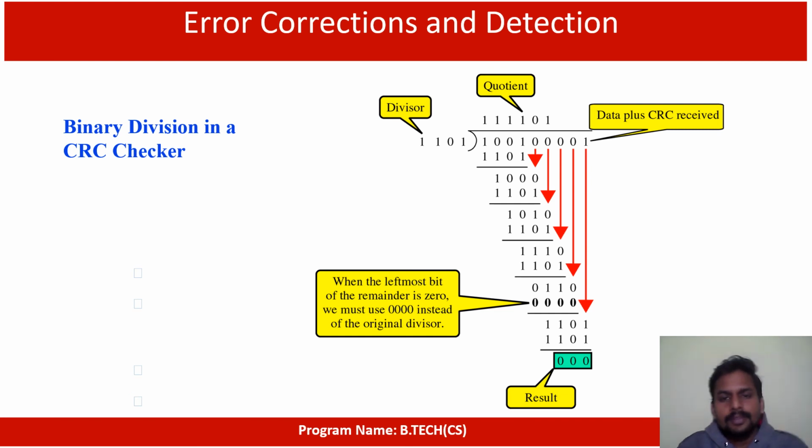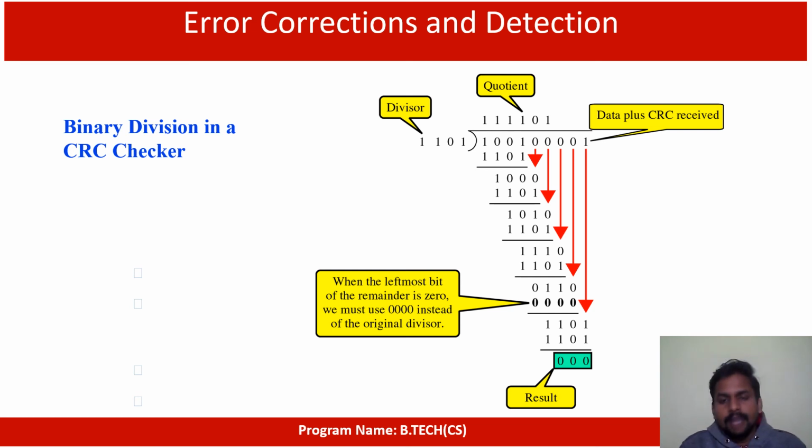So you see here, as I told you, the dividend value is the original data along with the CRC value, and again they use the same divisor. Now they again do the binary division, and you see the result. In the final step, as a result we have all the terms as 0.